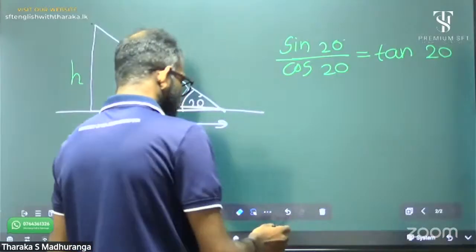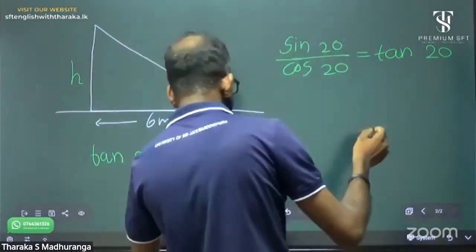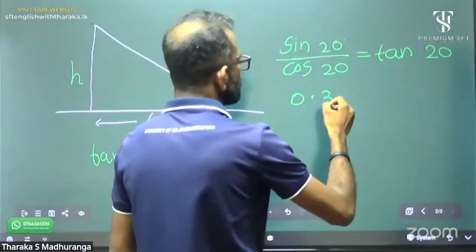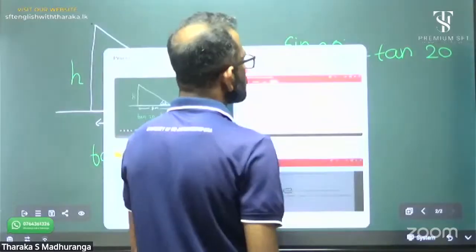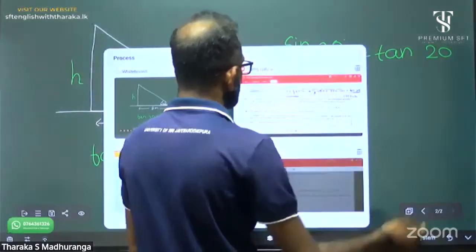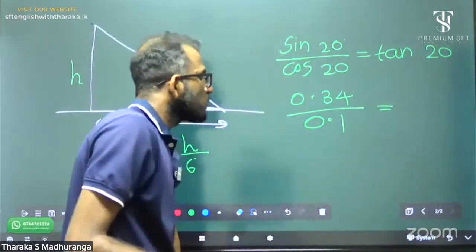Sin 20 equal 0.34. 0.34 divided by 0.1, cos 20, equal to tan 20.